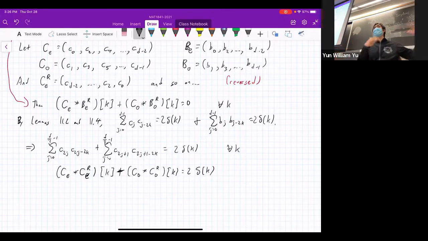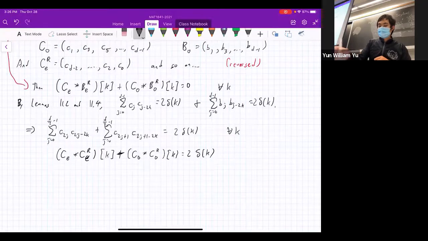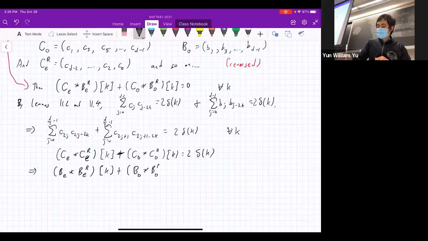So we're treating all these other vectors as functions, in the same way that the Kronecker delta is a function on the discrete space of integers. And I'm not going to rewrite the summations because it's the same picture, but from the other one you also get that B even convolved with B even reversed, plus B odd convolved with B odd reversed, is also equal to 2 delta of k.